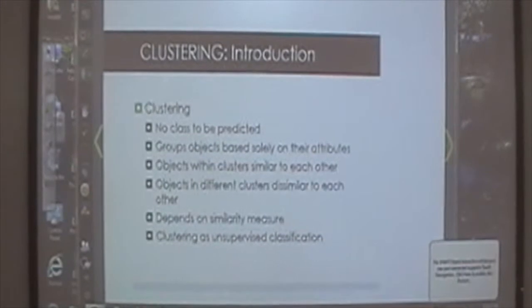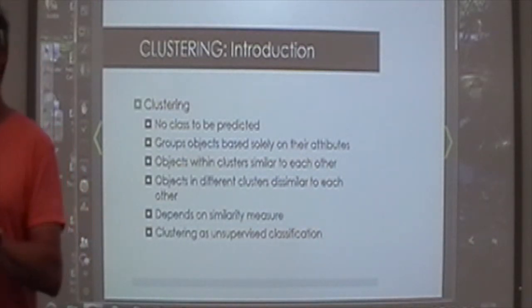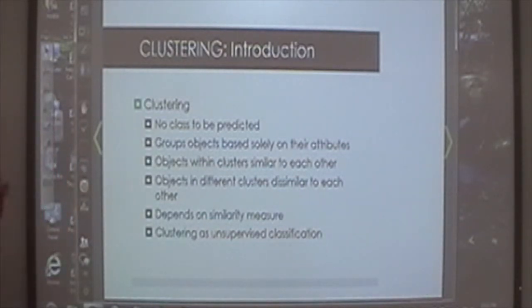So, today we're going to talk about clustering and what the general problem is here. Clustering is essentially a similar idea in some ways as classification, except with one main difference. We're not predicting a class.